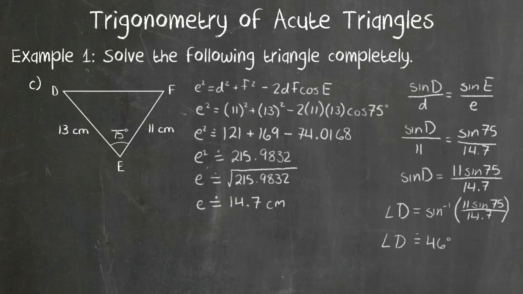I now have 2 of my angles, so to find a third angle, angle F, I'm just going to do 180 minus the other 2 angles. So 180 minus 75 minus 46, and I get a value for angle F of 59 degrees. So there's my solved triangle. I found the missing side and the 2 missing angles.